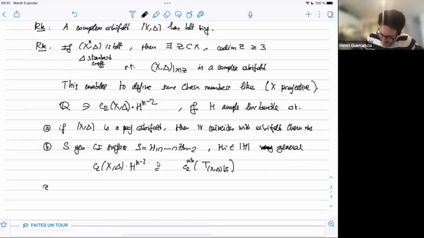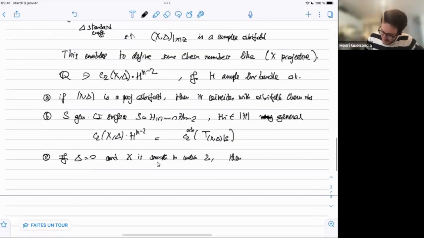And if, let's say, delta is 0 and X is smooth in codimension 2, then this Chern number C2 of X times H^(n-2) coincides with the second Chern number of any log resolution.